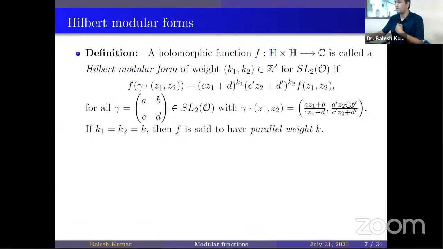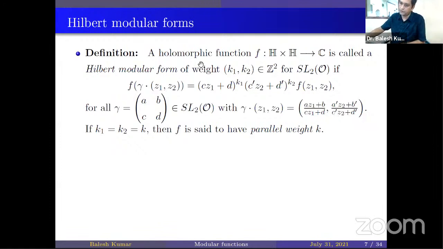The second component corresponds to the conjugate, where a dash denotes the conjugate of a. Similarly, b dash is the conjugate of b, and so on. So the first component corresponds to the trivial embedding, and the second one corresponds to the conjugate of this K.